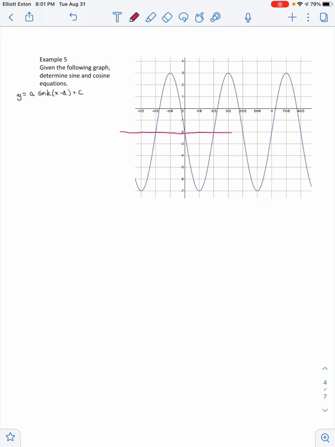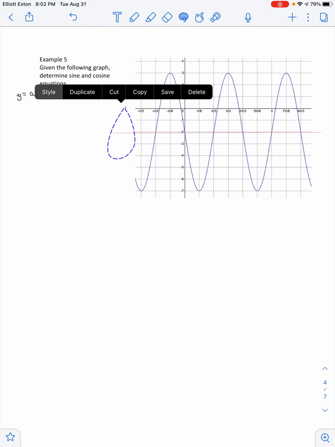So the axis of curve is what splits the function vertically, which in this case is the line y equals -2. That's really not going to cooperate here as I try to draw a straight line. That's good enough. Okay, I'll make that a little thicker.